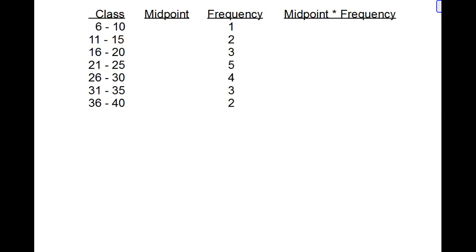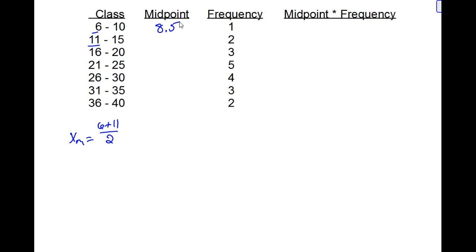So let's look at calculating first the midpoint. The midpoint of the first class is going to be 6 plus the lower limit of the next class, which is 11, and I'm going to divide by 2. So 6 plus 11 gives me 17. 17 divided by 2 is 8.5.